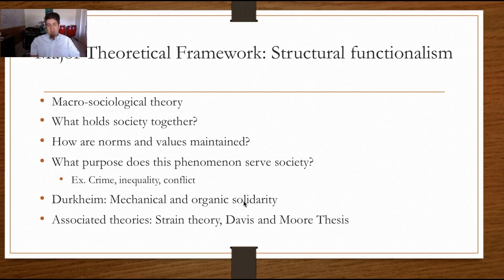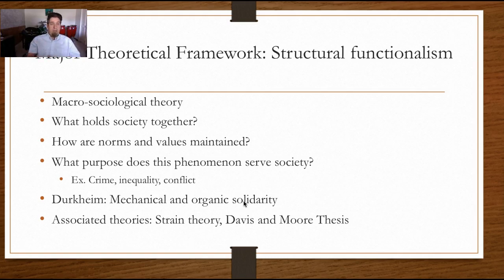There are these associated theories: strain theory and the Davis and Moore thesis. The Davis and Moore thesis has to do with inequality, and again, it argues that differential rewards lead people to do the jobs that need to be done. There are some problems with it, but it really is beyond the scope of our discussion here to go deep into the Davis and Moore thesis and theories of inequality.